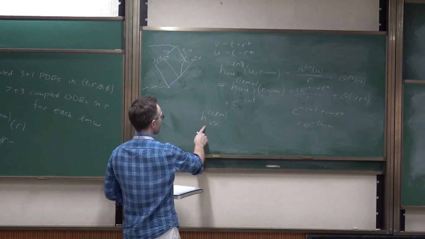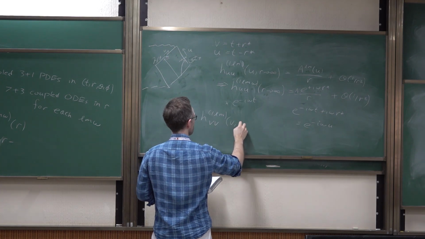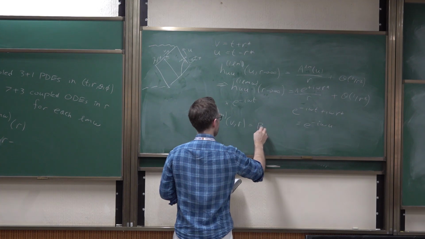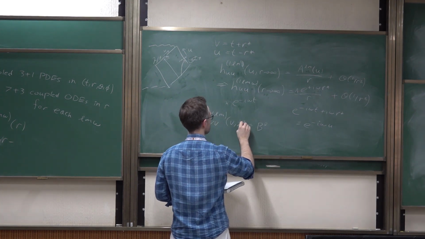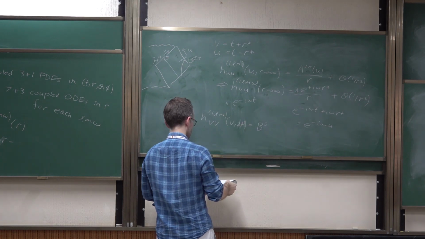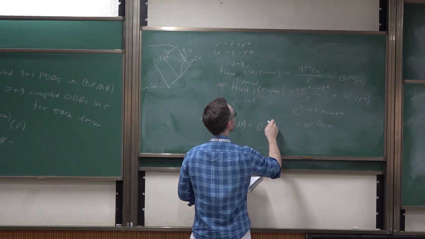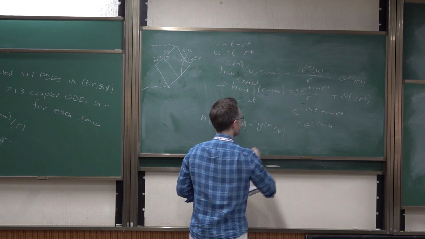Okay, so for the horizon, first in the time domain, we want this to be some smooth function, and here I can just substitute 2m, some smooth function of v along the horizon.